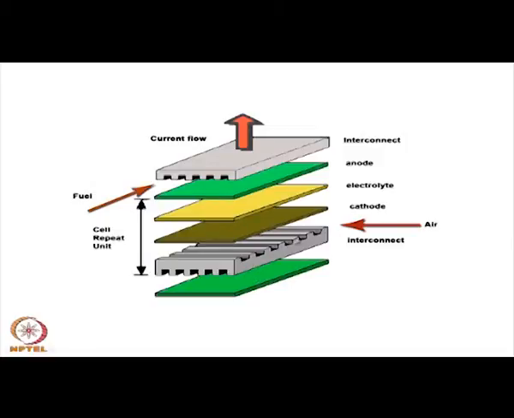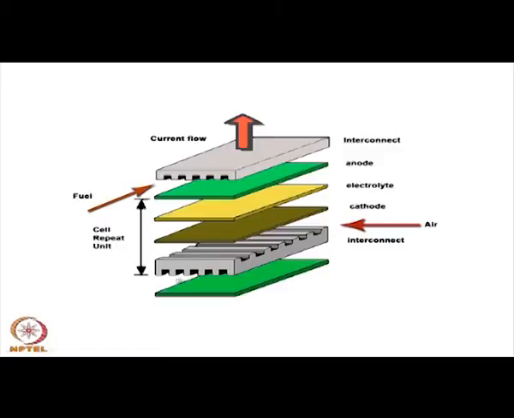It is a conducting material, and metal is certainly a good conductor, or rather an alloy, ferritic steel. So, that is a good conductor. It provides the electrical contact and also provides the channels for the flow of the gaseous reactants, and there is a cross flow. This is a cross flow design.